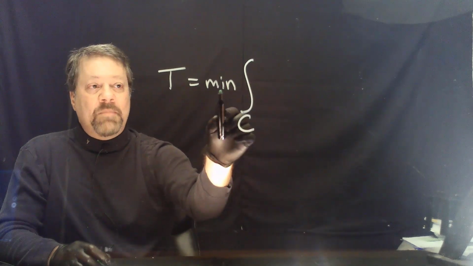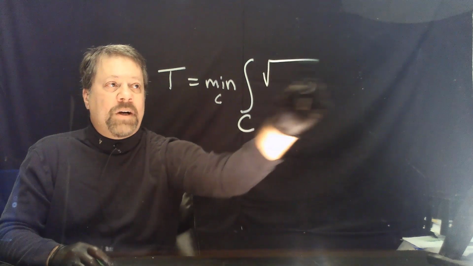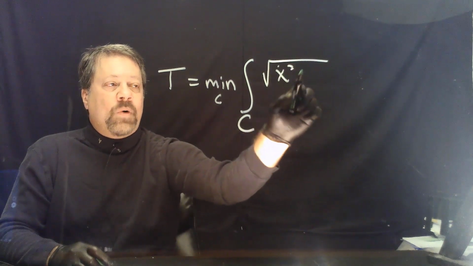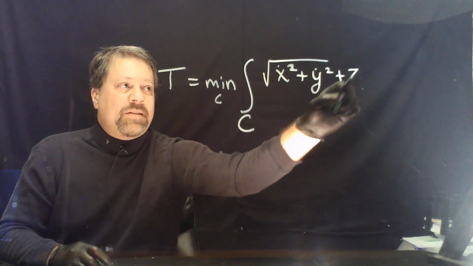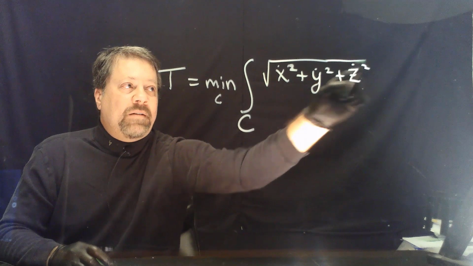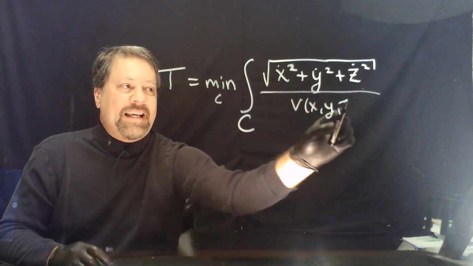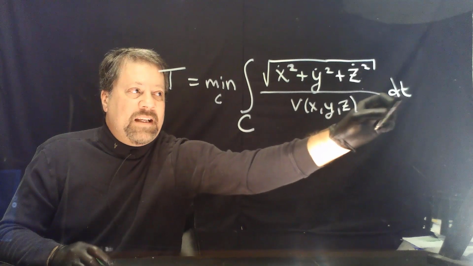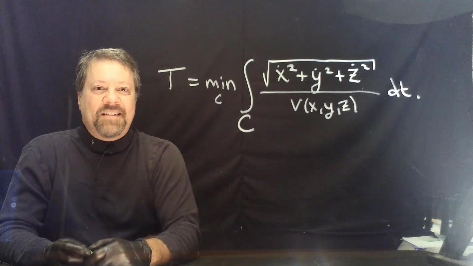So this is the minimum over all curves C of the expression the square root of x dot squared plus y dot squared plus z dot squared divided by v of x, y, z, dt. That will minimize the total time of transit.